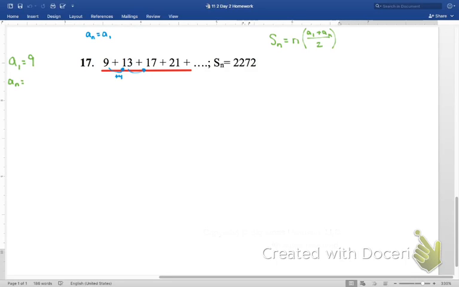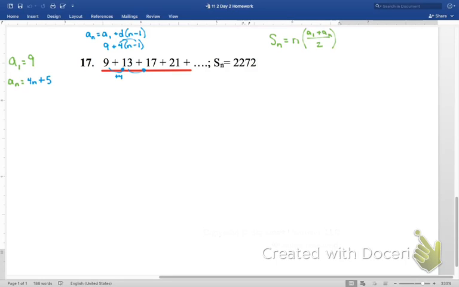Remember, it's just the first term plus the difference times n minus 1. So my first term is 9 plus 4 times n minus 1. I'm going to distribute, and I'm going to have a rule of 4n plus 5. Is everybody good with that as far as my rule is concerned?